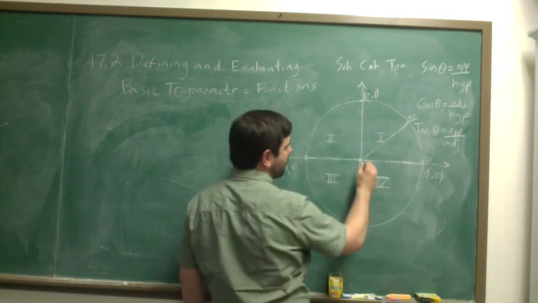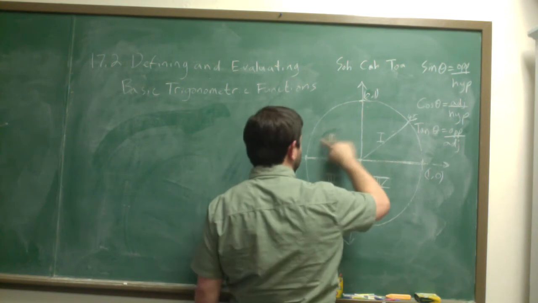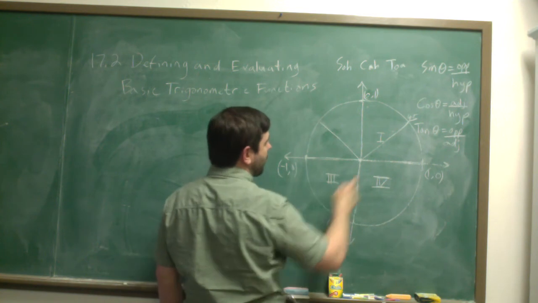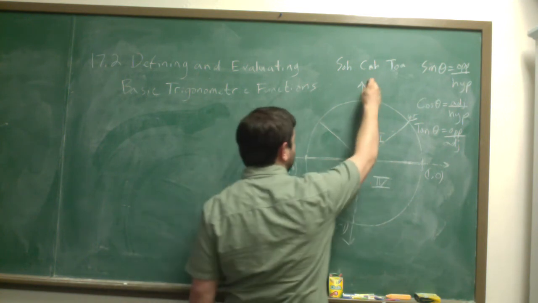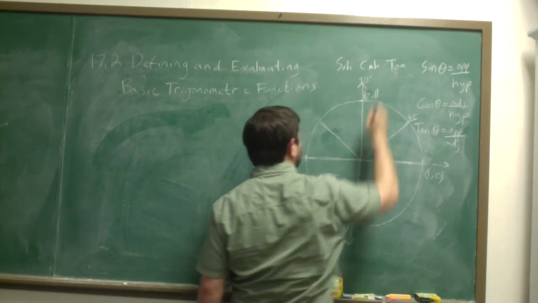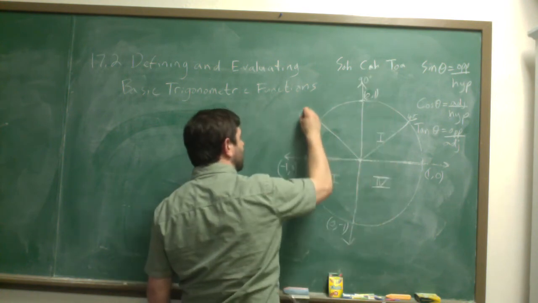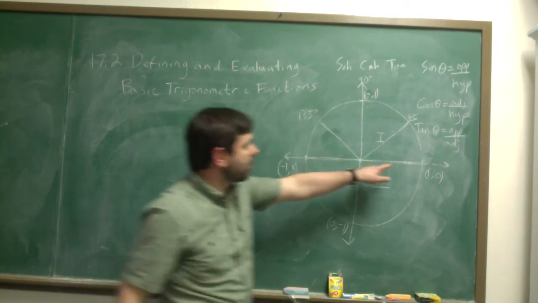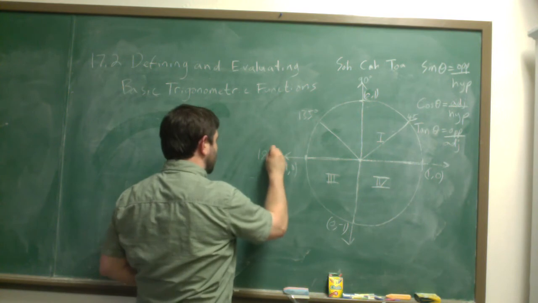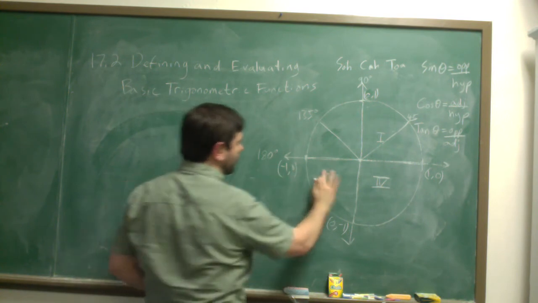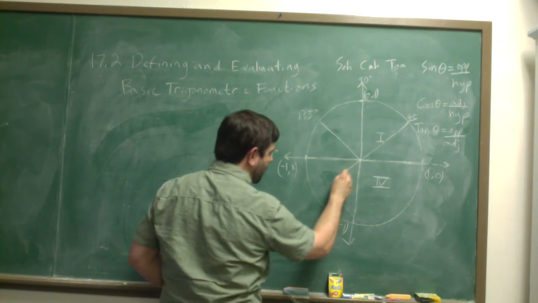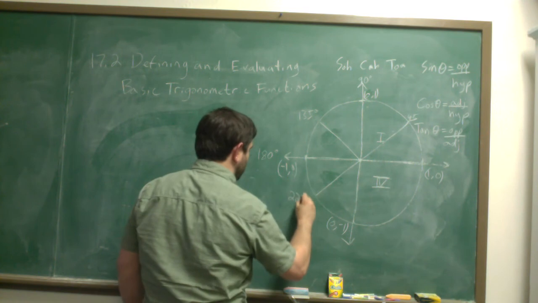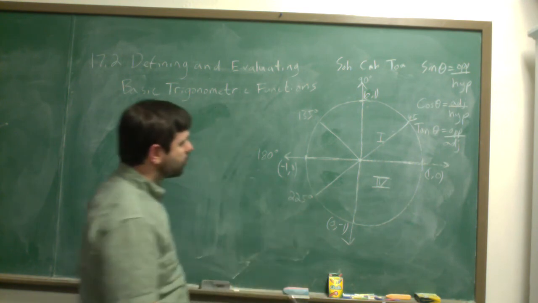45 degrees, that's halfway. So we'd have another one of those out here, and that would be 90 degrees plus 45, 135 degrees. Over here, starting from here, going out to here is 180 degrees. This will be 180 plus 45, 225 degrees.